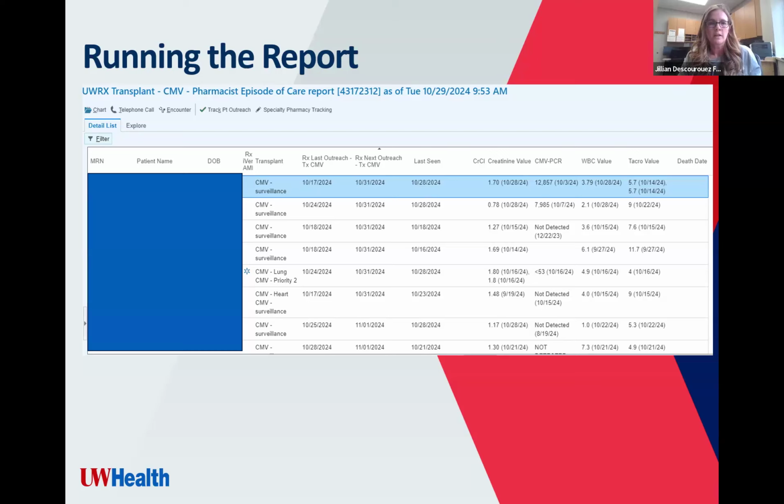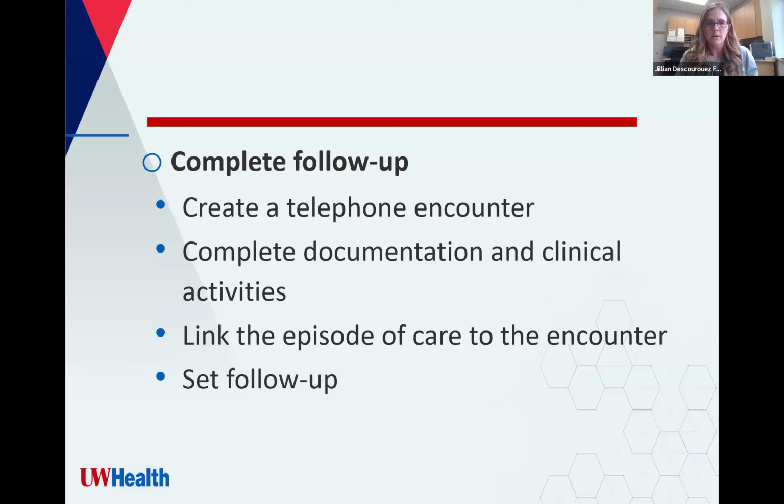So the way that we function in the clinic is we have the next outreach. That was tied to the buttons that we filled out earlier. We would click that and then we go through all the patients that are due for that day. I didn't take screenshots because I think most of you know how to do a telephone encounter.